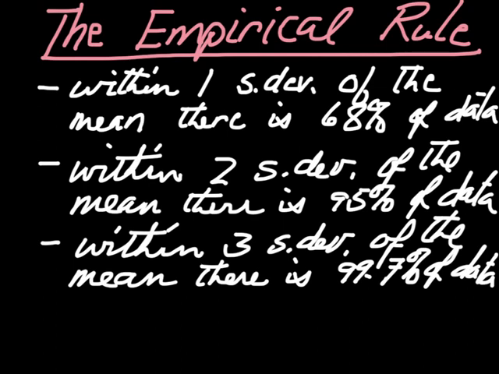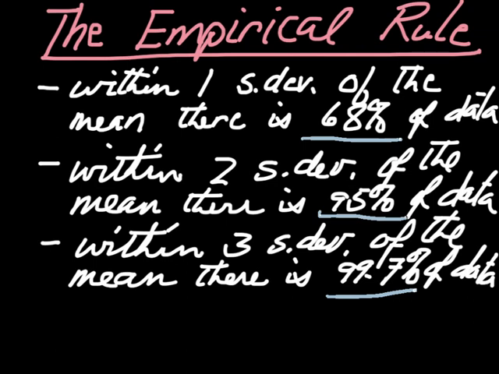And when you do that, there are 68% of the data within one standard deviation, 95% of the data within 2 standard deviations, and 99.7% of the data within 3 standard deviations.